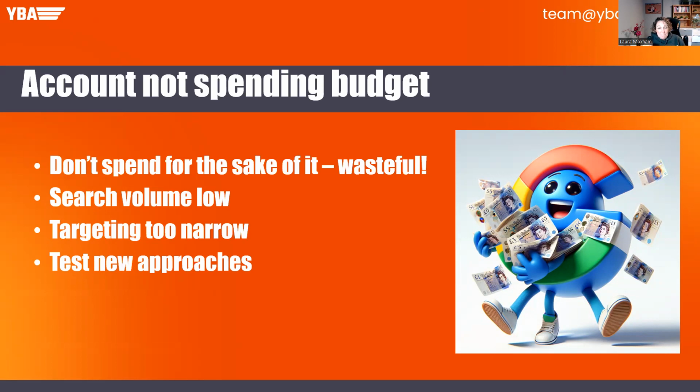Typically, if you're not spending your budget, it's either due to low search volume or your targeting being too narrow. It means that Google can't find the people that you're looking for, and you can't get people clicking onto your ads. So the targeting being quite narrow could be an impact as well.